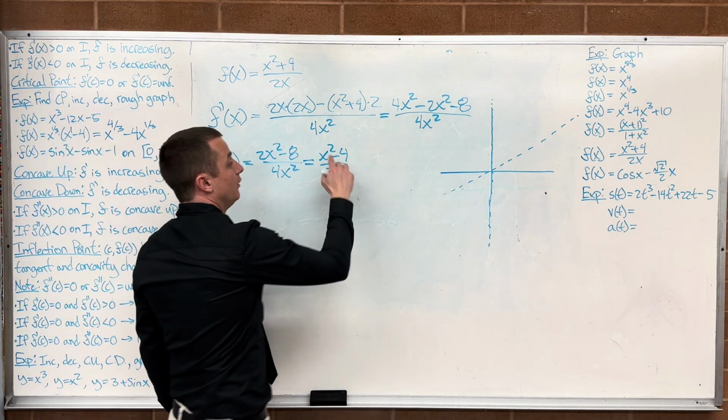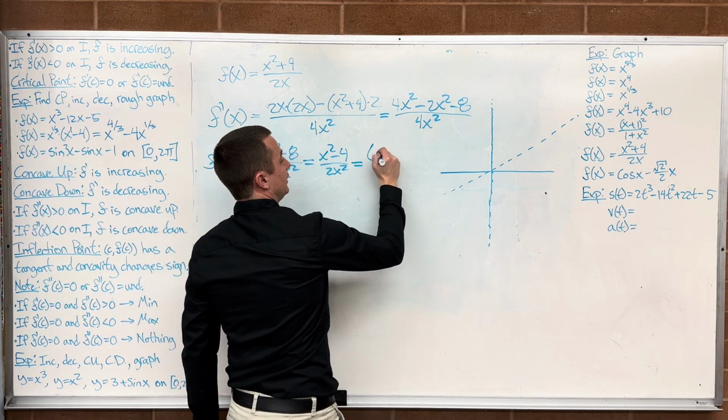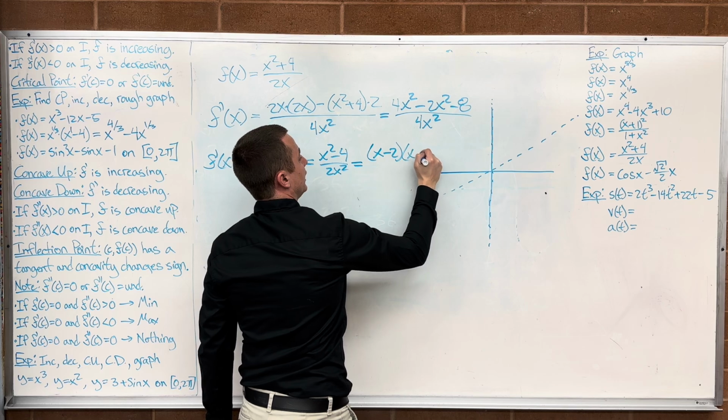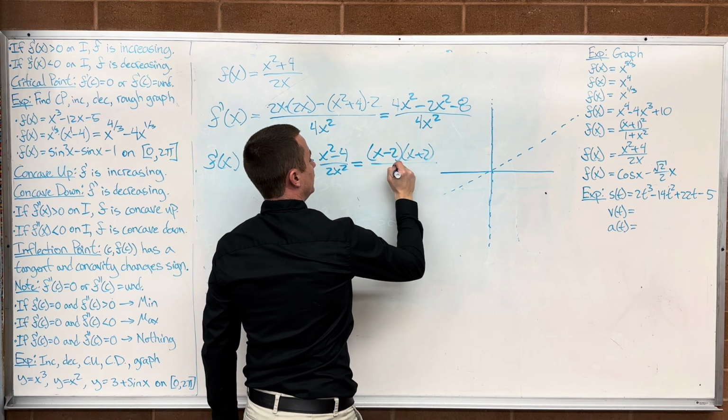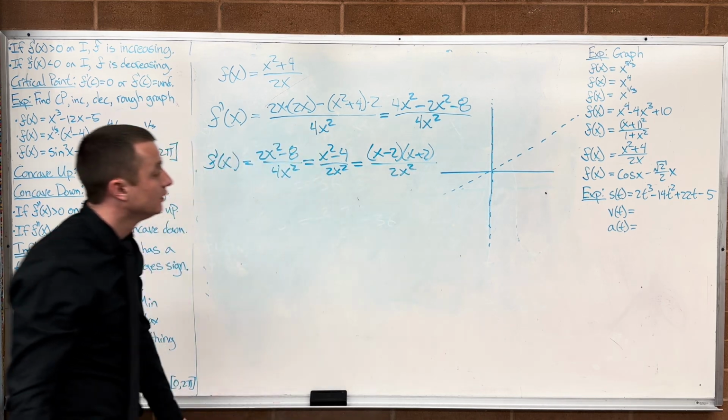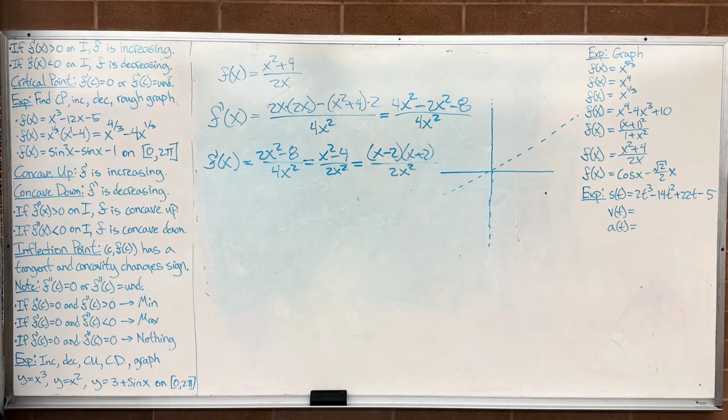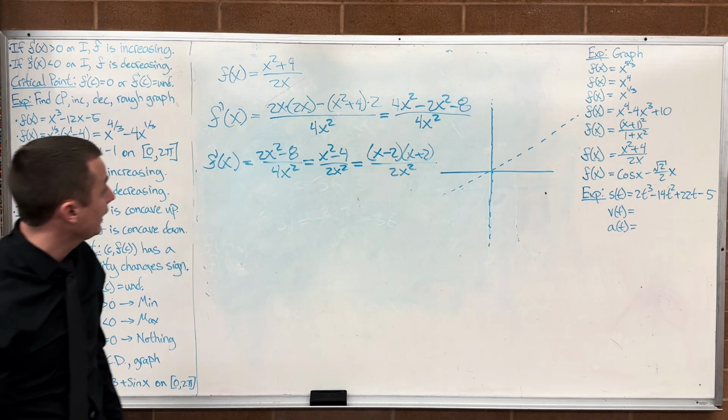Factor that. That is the same thing as x minus 2 times x plus 2 all over 2x squared. Good? Alright, so there is our derivative.